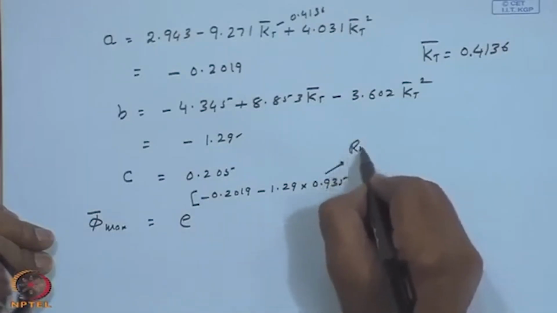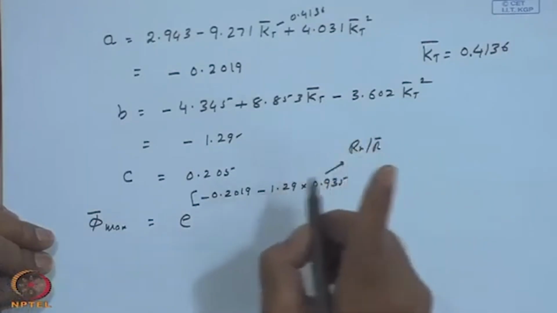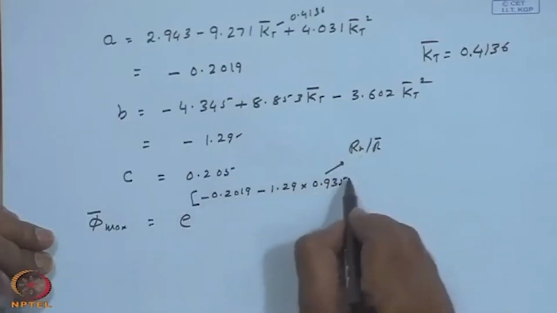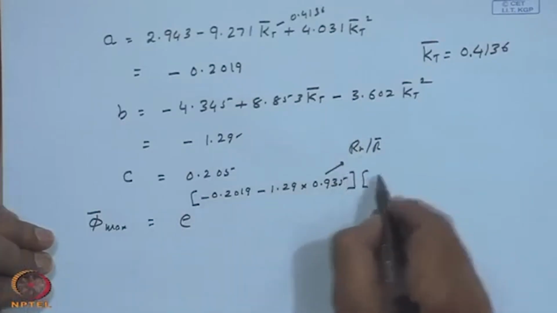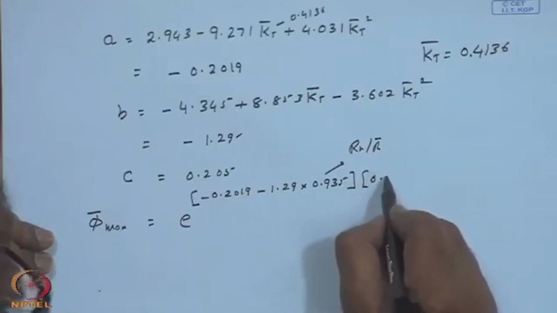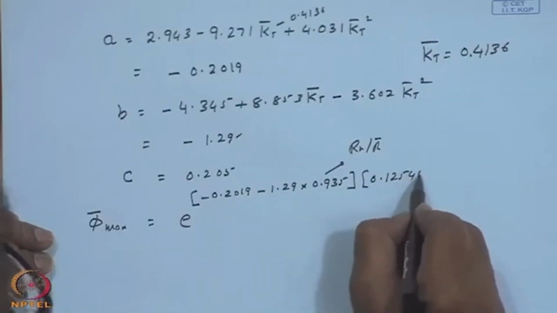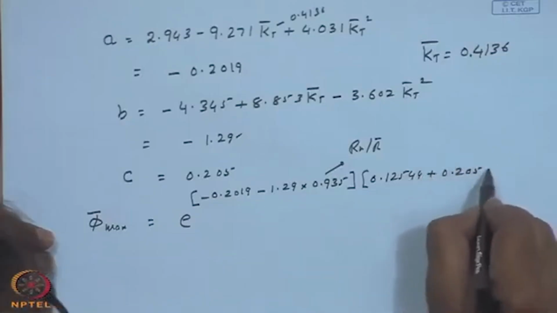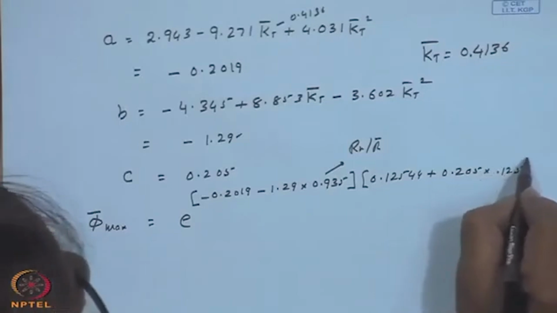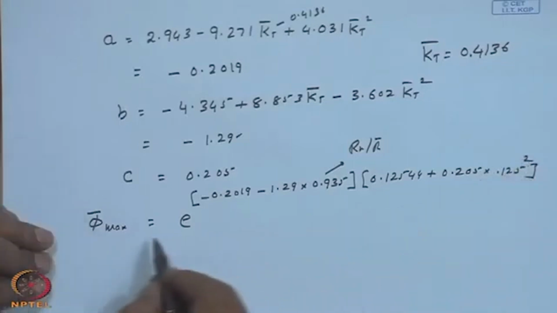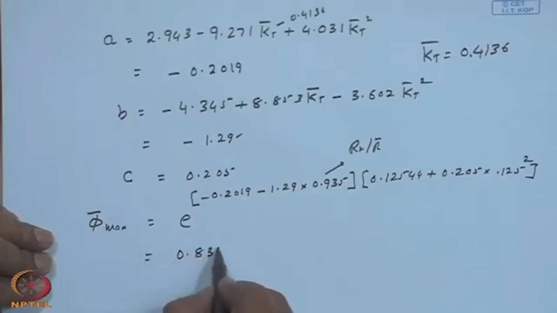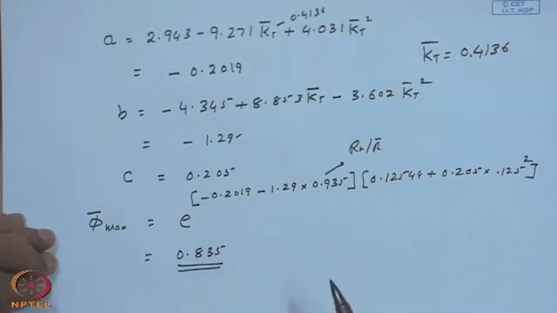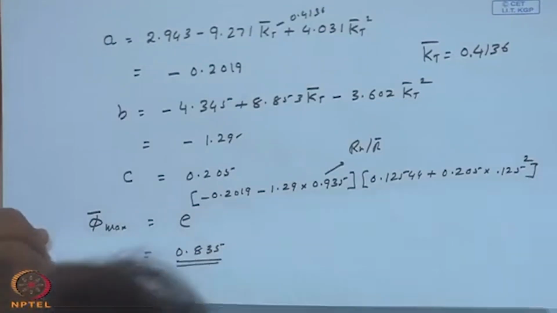This is Rn by R bar, which is 1 by R bar by Rn, which we have calculated earlier, times Xc bar 12544 plus 0.205 into 0.125 square. So, this will be 0.835. So, the utilizability is pretty high, right.